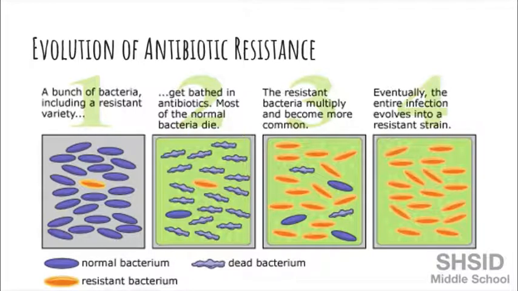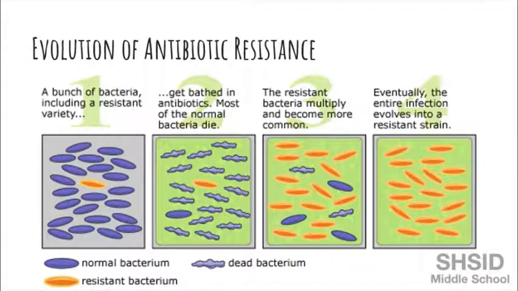So most of the bacteria in an infection will probably be just normal bacteria, and when you use an antibiotic, they'll die. However, some of the bacteria may be resistant, meaning they cannot be killed by antibiotics due to some genetic mutation.